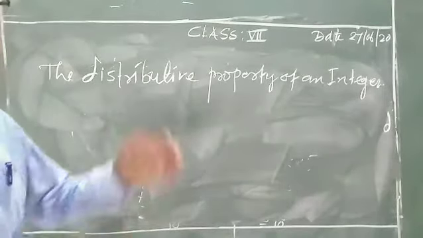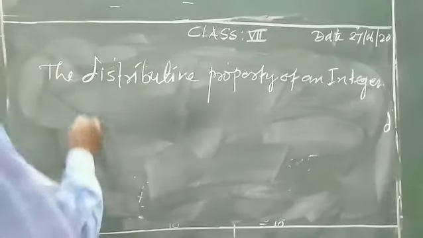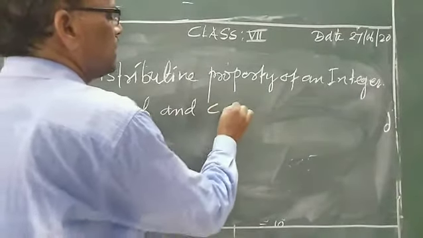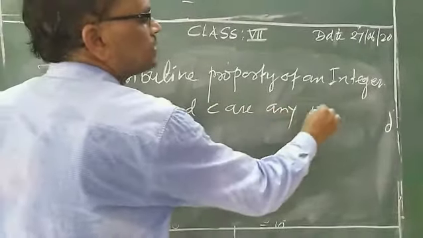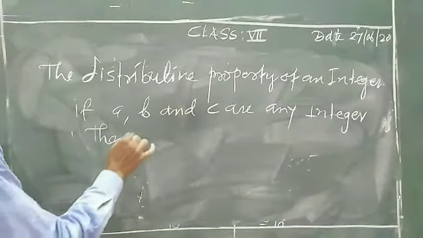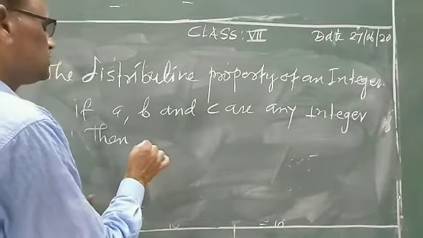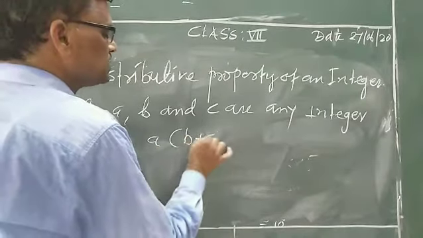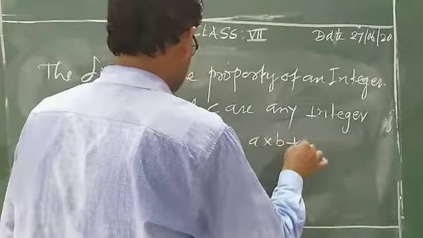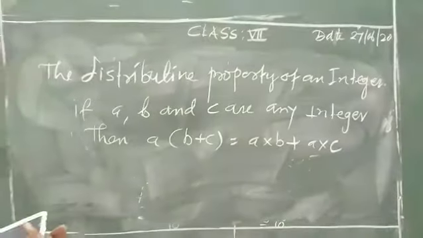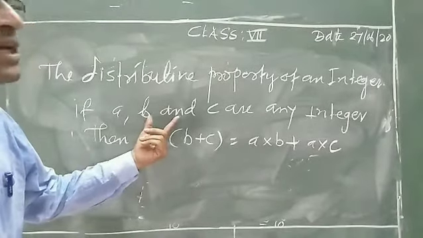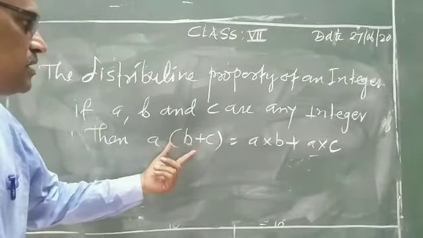If A, B and C are any integers, then A into the bracket B plus C is equal to A into B plus A into C.